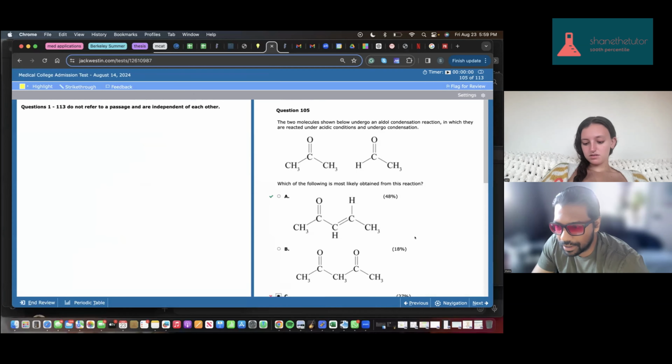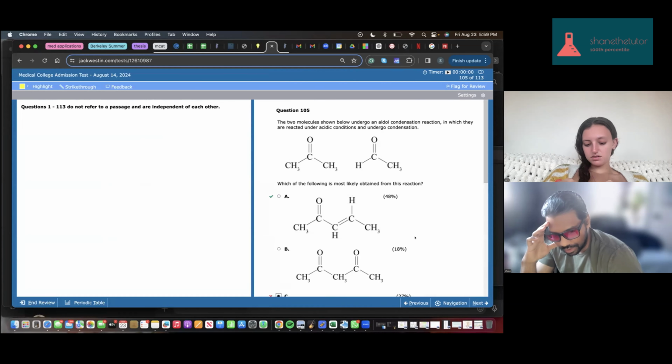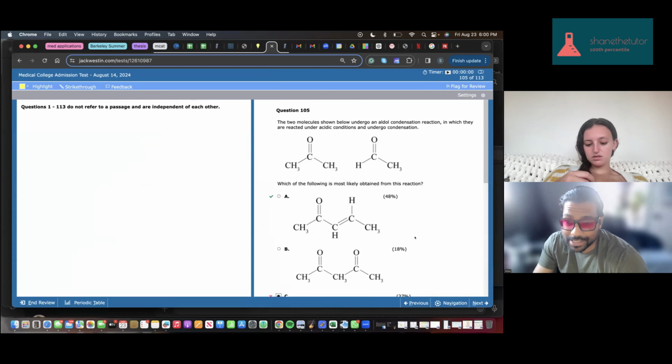So let's think about how it works. What happens with an aldol condensation reaction is going to be different from what we typically see with reactions about nucleophilic attack and things like that. Oh, they're saying acidic conditions now.